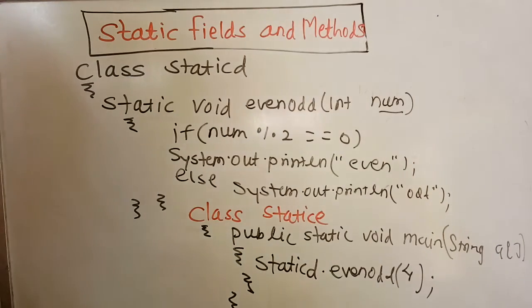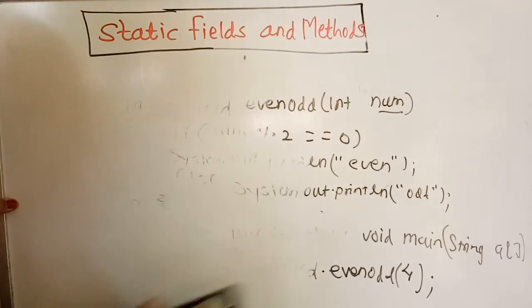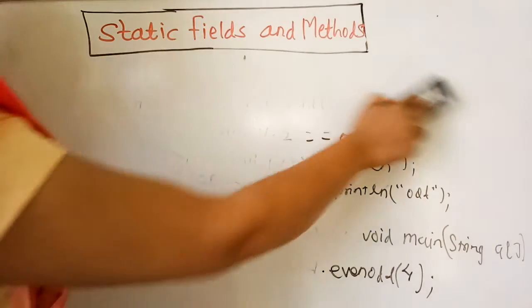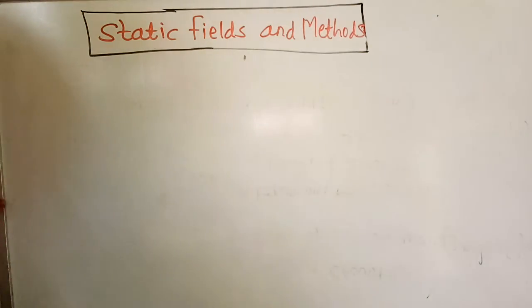Now there is another concept relevant to this static mechanism, that is the static block. We will see it. What is the static block? A static block also belongs to the class, same as static fields and static methods.